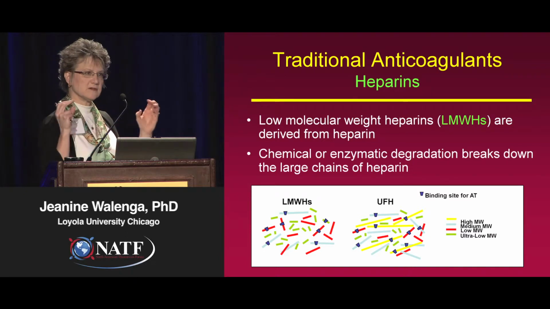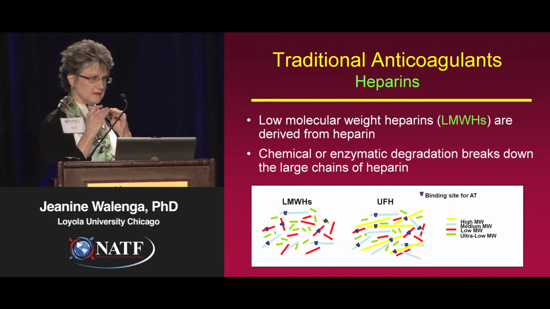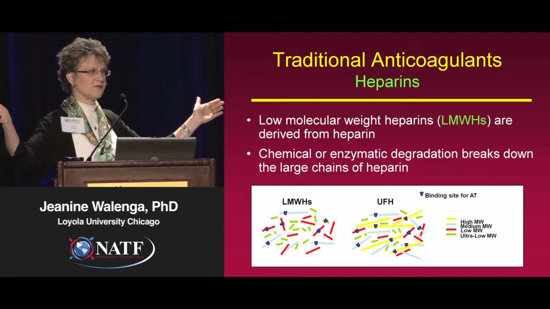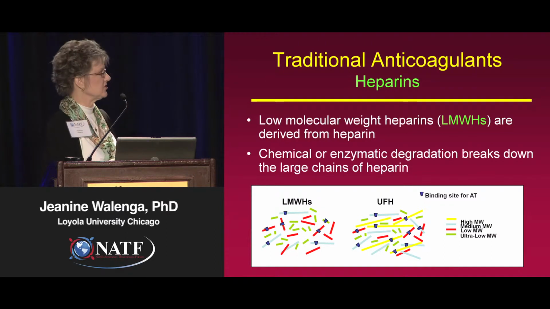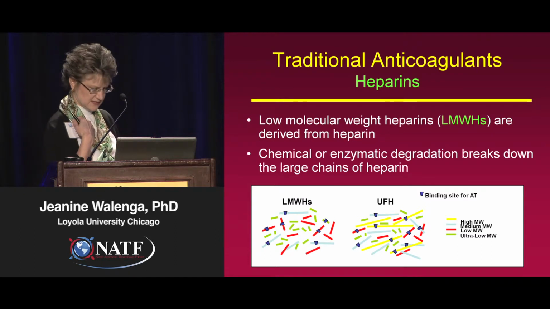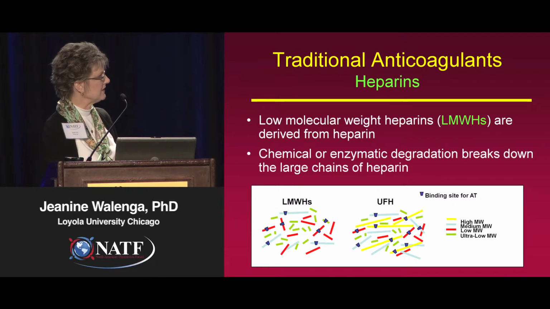The sugar units are the same, the linear chains are the same, but we don't have any long chains for low molecular weight heparin. We just have the short chains. And by doing that, we have drugs called low molecular weight heparins that are useful given subcutaneously and very useful with some better properties than the parent molecule for prophylaxis.